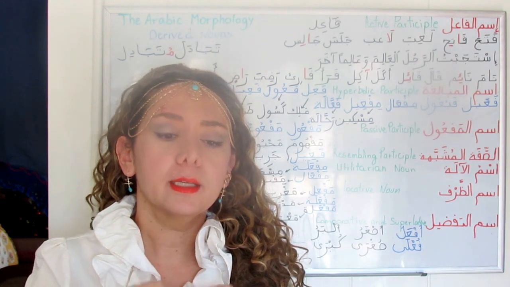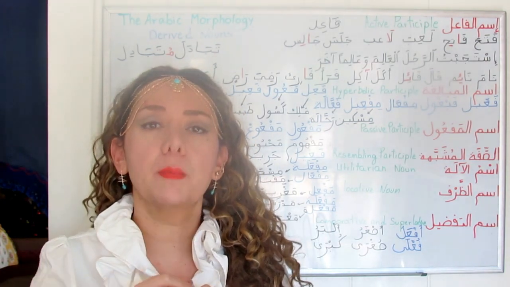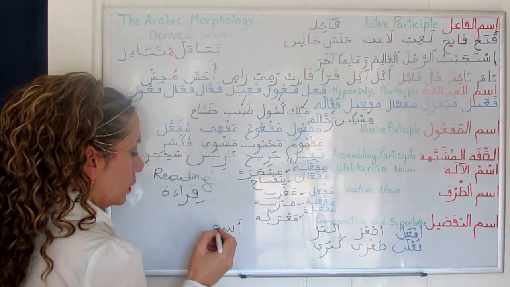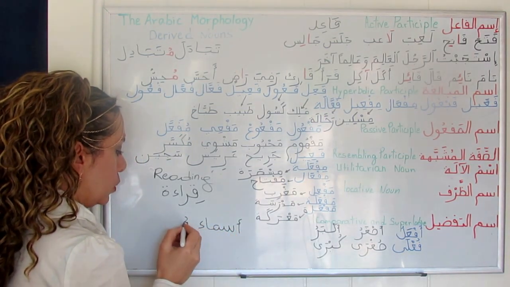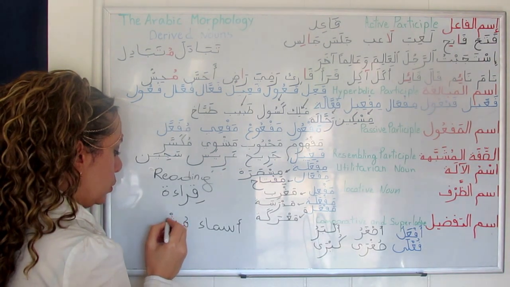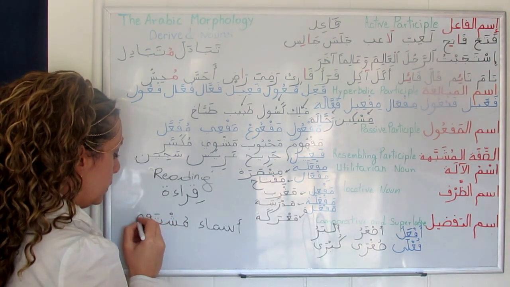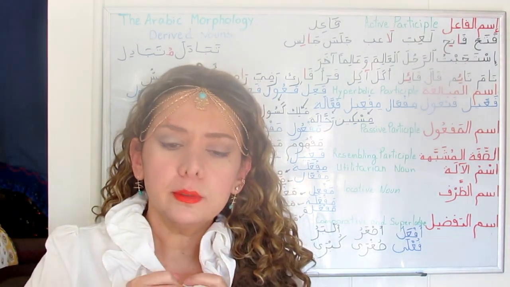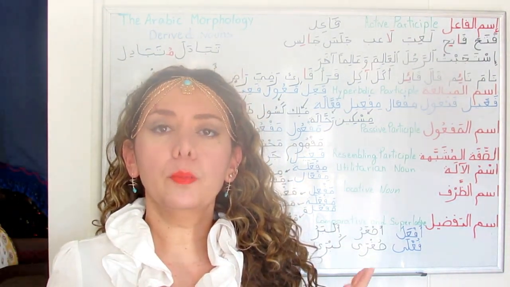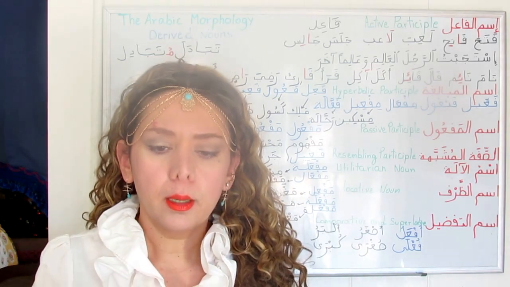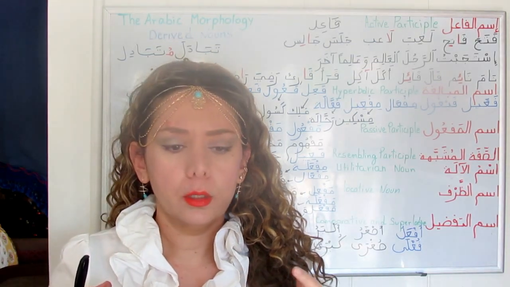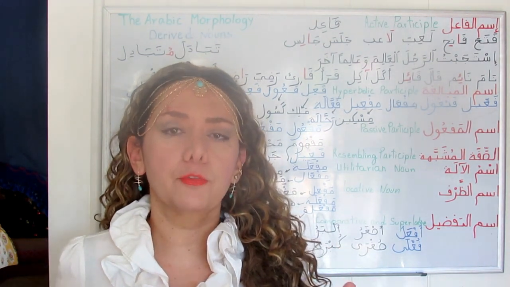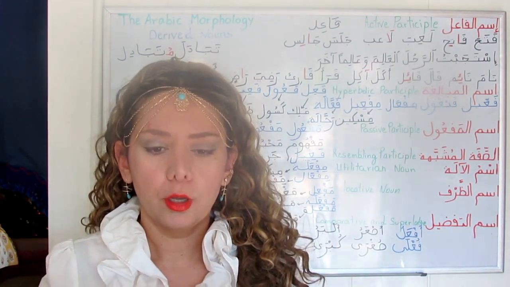Third category, derived nouns, أسماء مشتقة. Those are derived from a verbal noun, and many words in Arabic are descended from verbal roots.